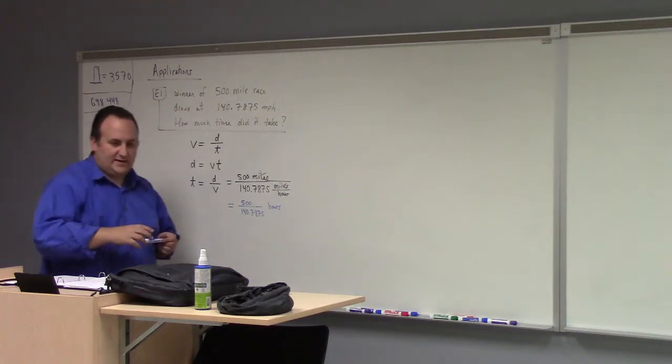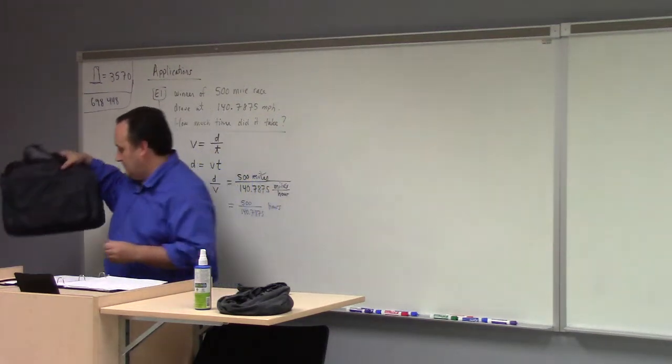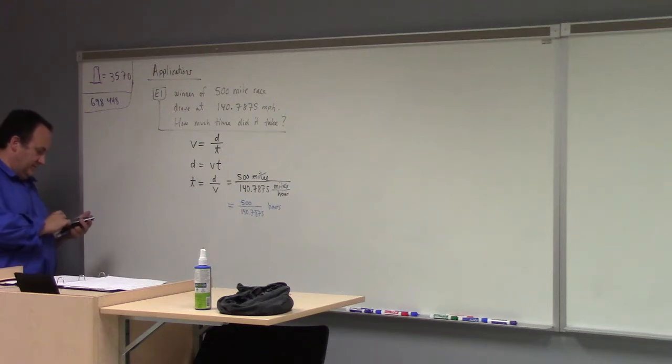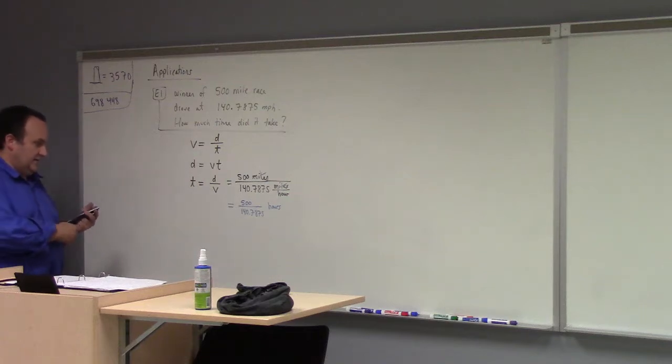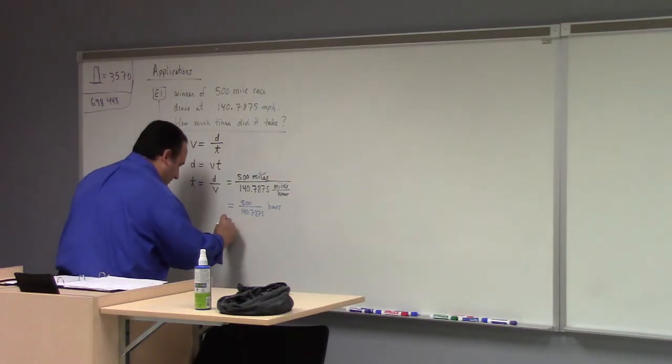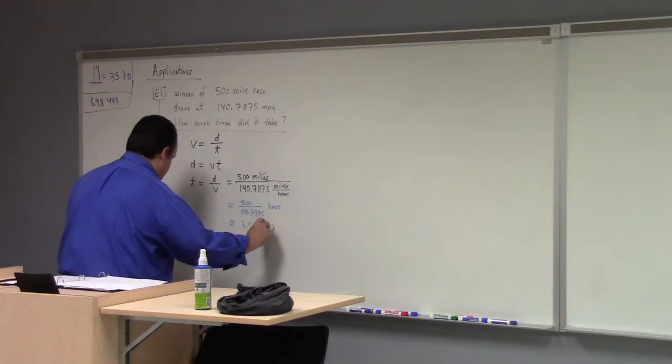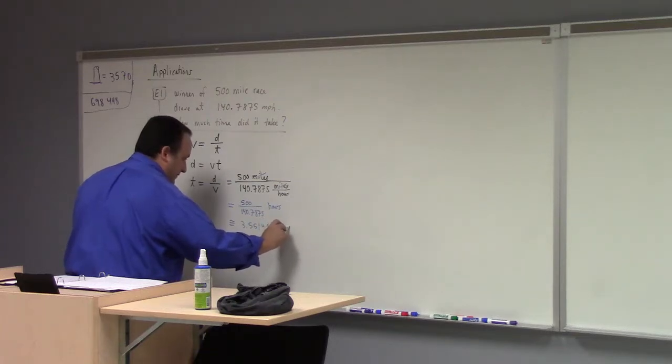And I don't know about you, but I need a calculator for that, right? What we got here? 500 divided by 140.7875. I get approximately 3.551451 and so on hours.